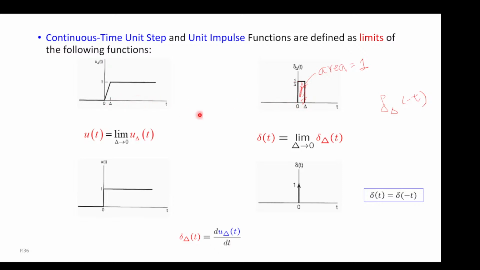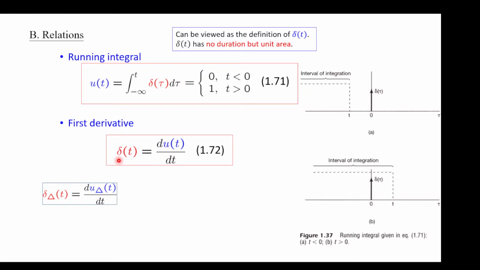For t bigger than triangle it is also 0. And between 0 and the triangle, the slope is 1 over triangle. So delta of triangle equals the derivative of u of triangle. If you take the limit of triangle going to 0 on both sides, we get that the delta function is the derivative of the unit step function.